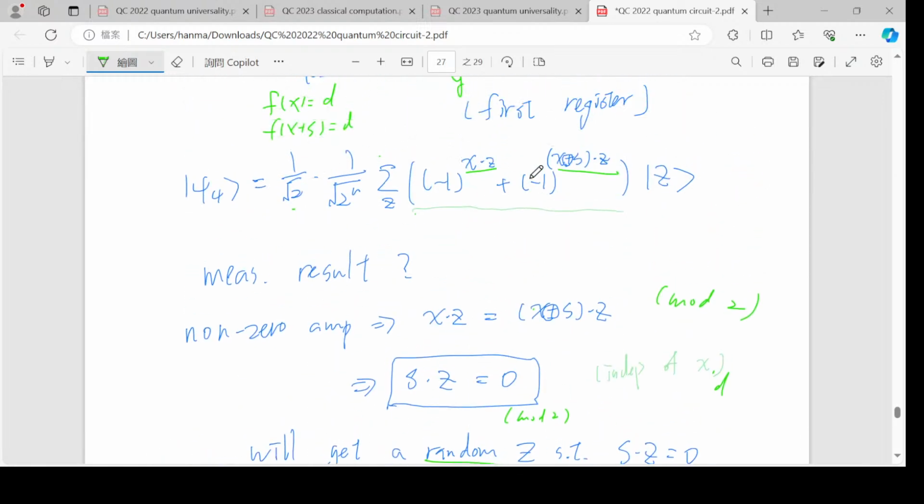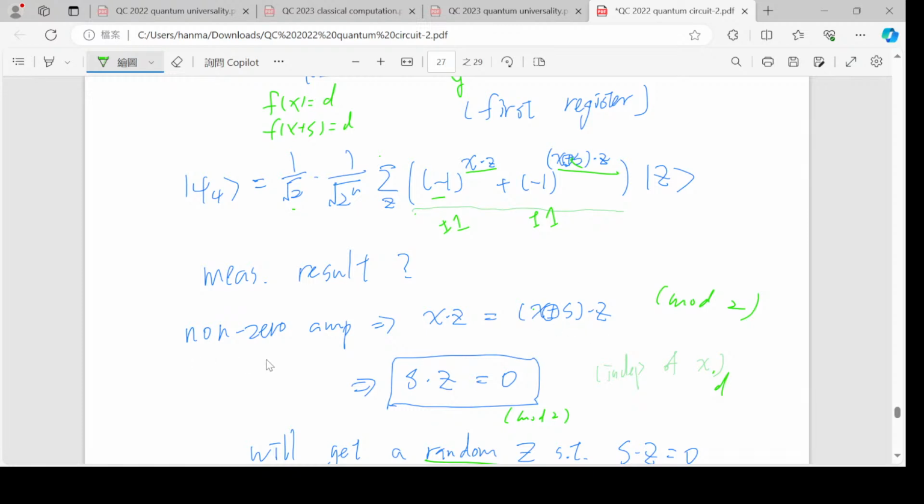Our analysis says that if you want non-zero amplitude, then this must equal this, because this is ±1 and this is ±1. If they don't equal each other, they are going to cancel out. So for z to have non-zero amplitude, those two things should equal each other, which means the exponents must be equal, mod 2. We consider every calculation mod 2. So x dot z equals (x plus s) dot z.